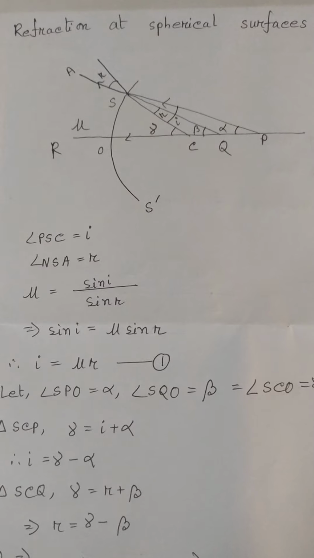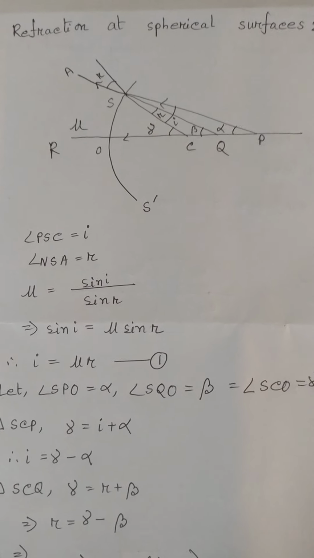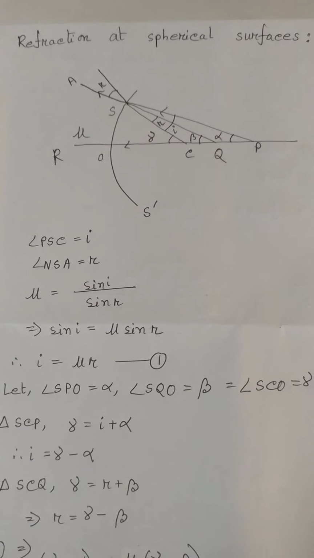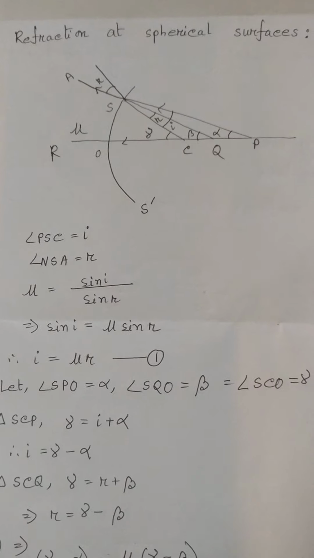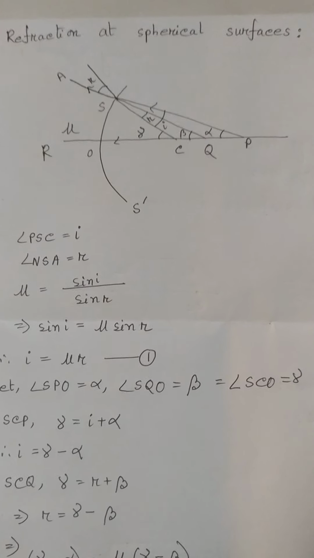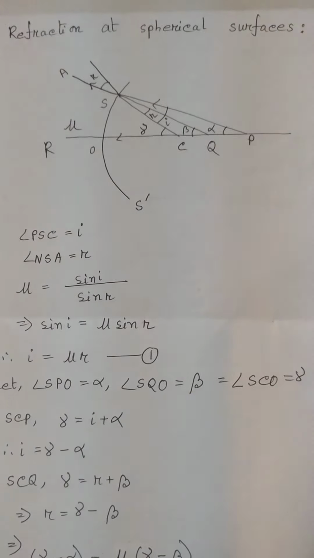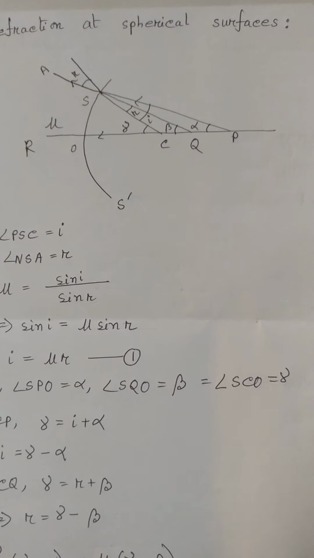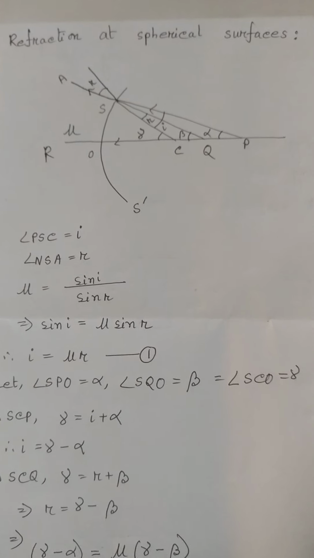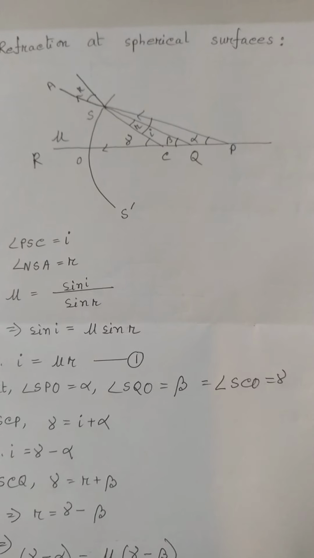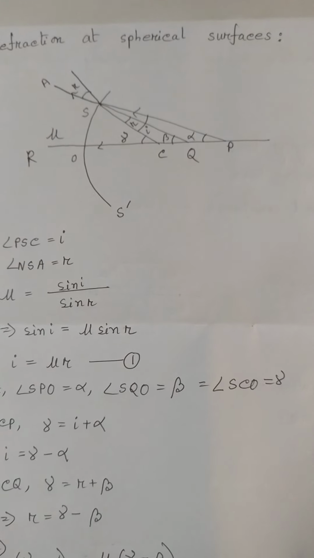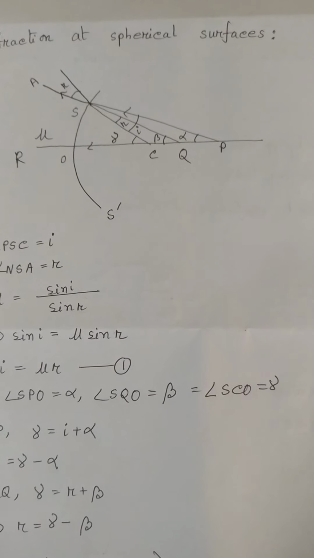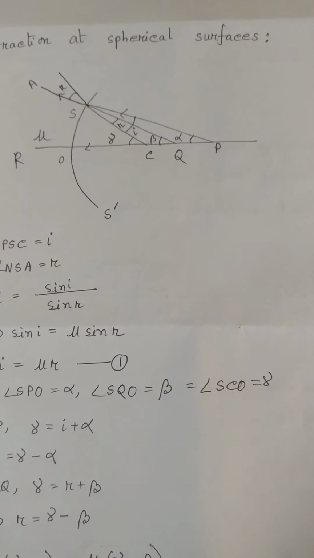P is a point source situated on the principal axis in the air medium. A light ray emerging from P and coming along PO falls perpendicularly on the concave surface and thus after refraction goes along the straight line OR.